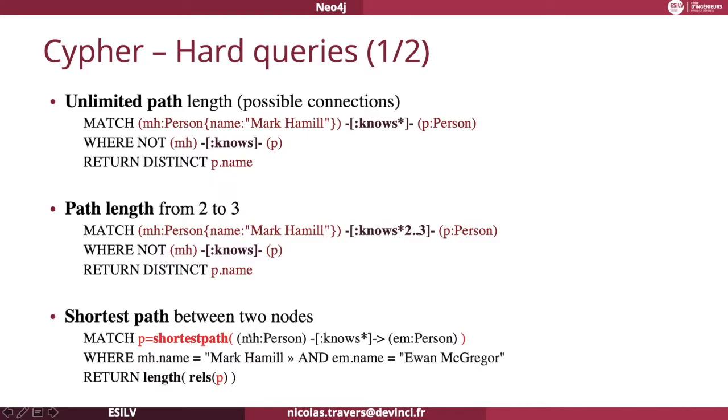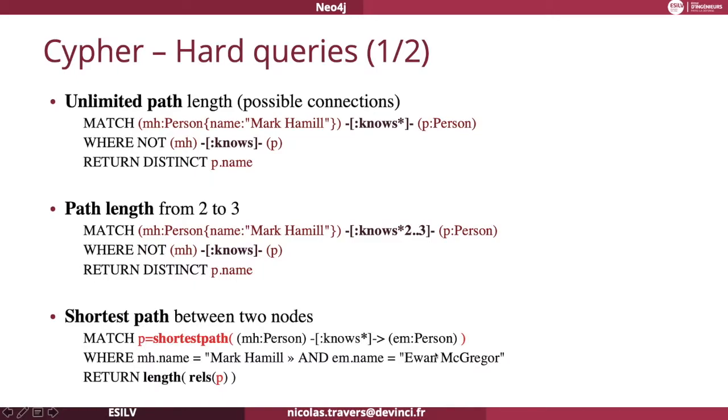What is possible also is to refer to any kind of link between two persons, and these two persons are Mark Hamill and Ewan McGregor. And if I take these two persons, this path, which is of any distance, I want the shortest path. And this shortest path is referred to by a p-value.